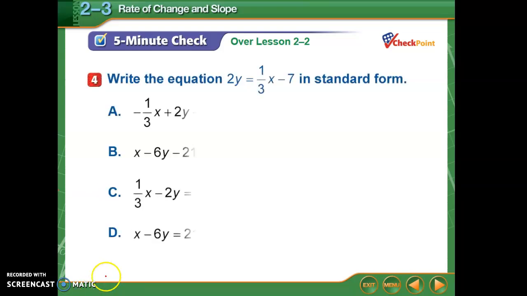Alright, how about this one, guys? Go ahead, try this problem. Write the equation 2y equals 1/3 x minus 7 in standard form.